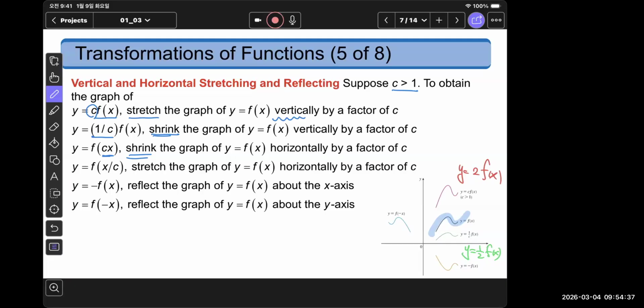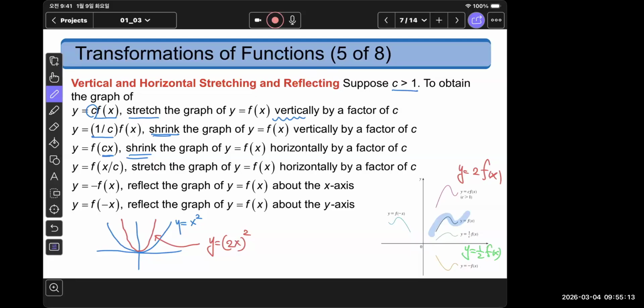For example, if this is the graph of y equals x squared, and if you want to draw the graph of, say, y equals 2x squared, then you need to shrink the graph horizontally by a factor of 2. So that will be the graph of y equals 2x squared.